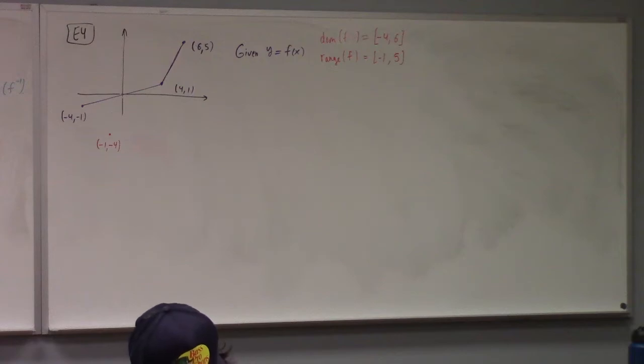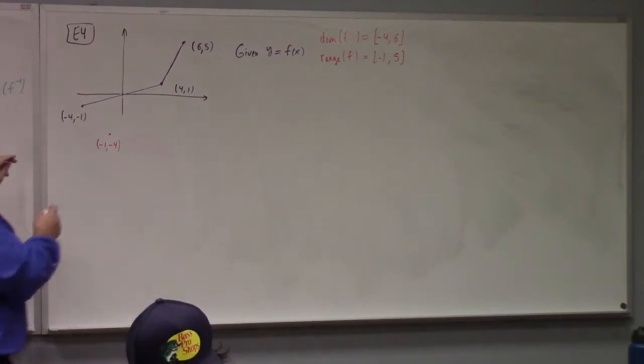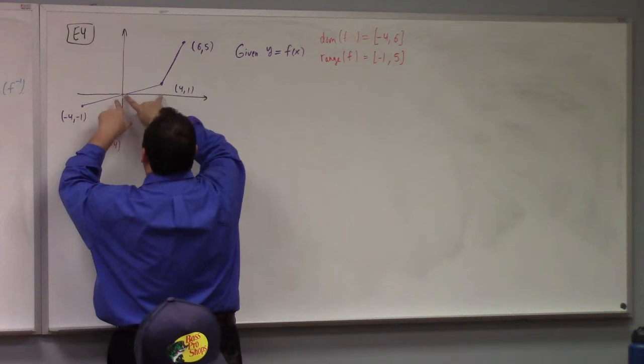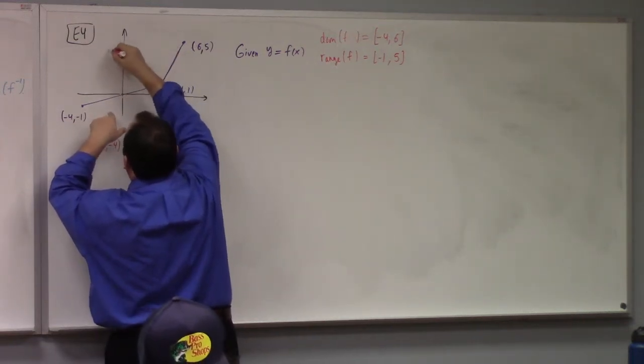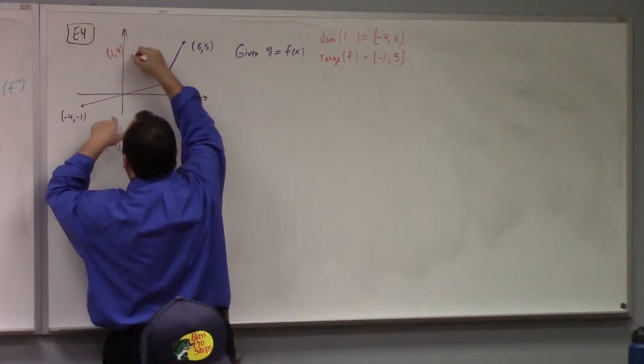So (4, 1) flips to (1, 4). It goes up here.